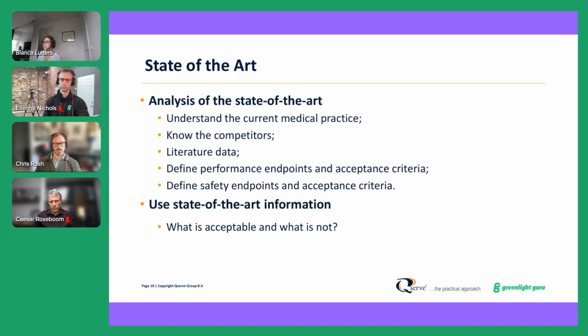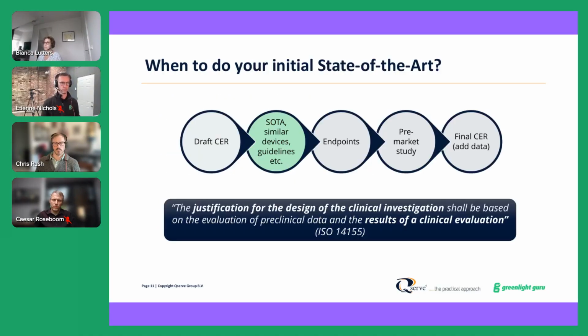Don't tell me if you see that 1% of your patients dies with a very high risk device in the state of the art in the current medical practice, that it is acceptable that in your case 2% of the patients die. That's not acceptable. Then you are not state of the art. So really also use that. This is what the current medical practice is, and I only can be better or the same. There is no way I can be worse.